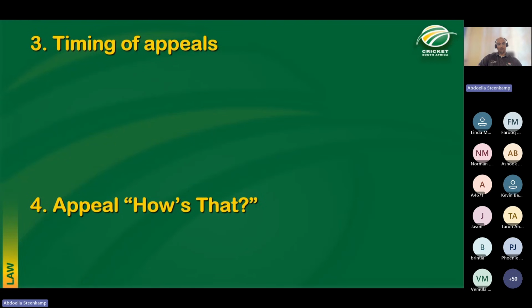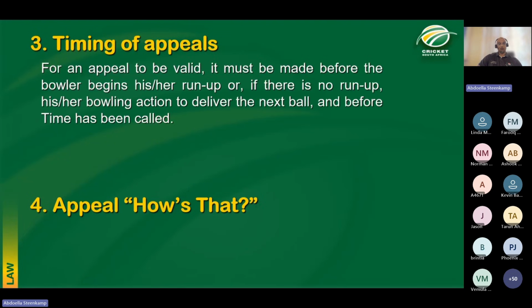Law 31 covers appeals, and here I want to focus on the timing of the appeal. There's a window period for an appeal to be valid, and the law guides us by telling us, for an appeal to be valid, it must be made before the bowler begins his or her run-up, or if there's no run-up, before his bowling action to deliver the next ball, and before time has been called.